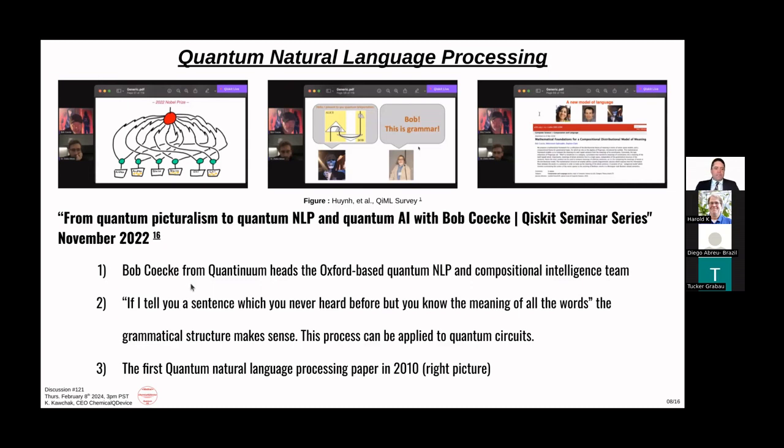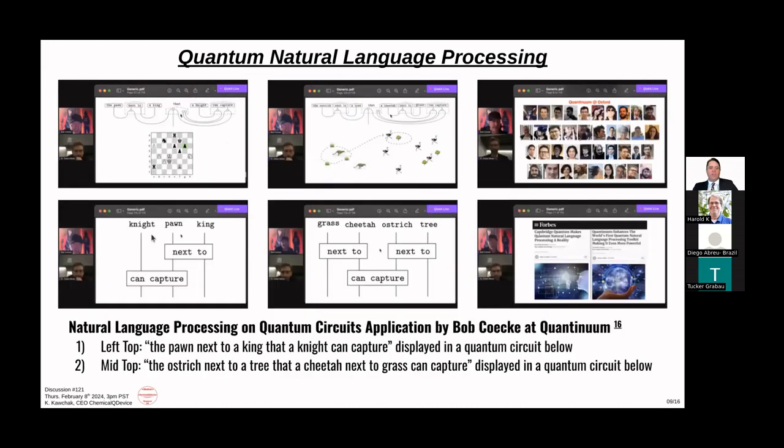It basically says this: if I tell you a sentence which you never heard before, but you know the meaning of all the words and the grammatical structure makes sense, this process can be applied to quantum circuits. The ones that I chose get into Alice and Bob and these types of things, and they become quite humorous. But the one I'm going to talk about is, on the top left, the pawn next to a king that a knight can capture is here.